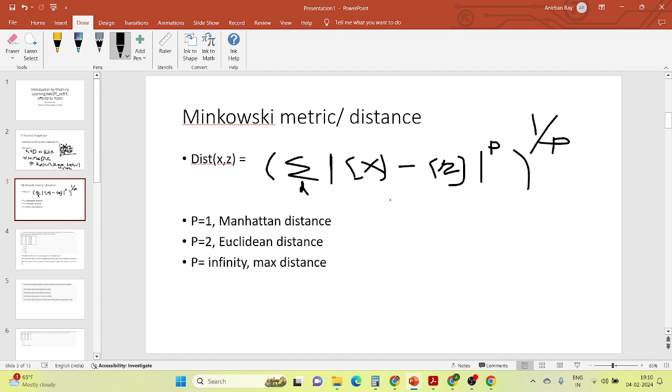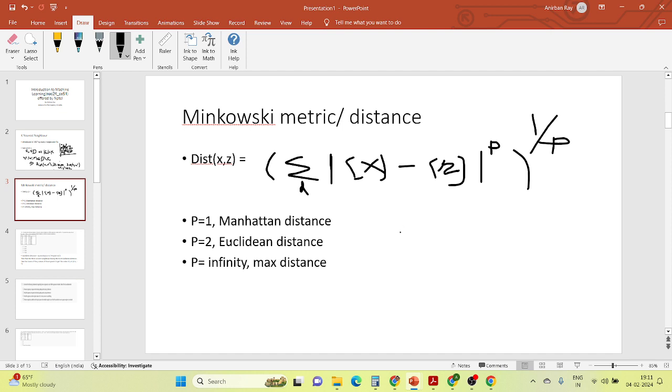If p is equal to 1, then it is the Manhattan distance: mod of these two, summation of these, and to the power 1 by p. P equals 2 gives our popular Euclidean distance, and if p equals infinity, then we will get the max distance.